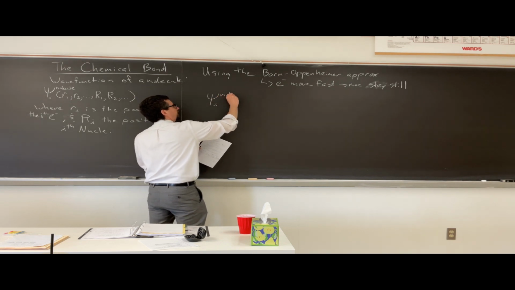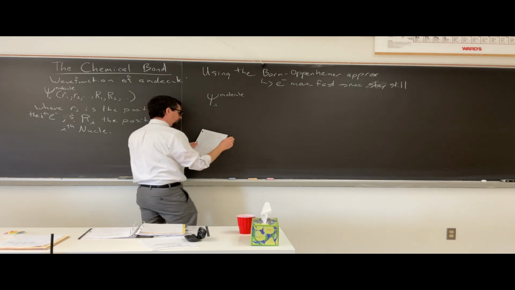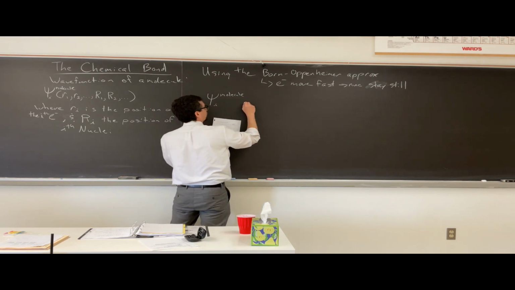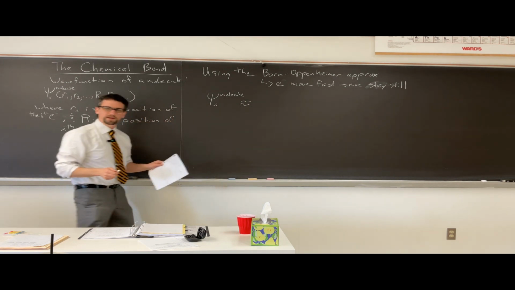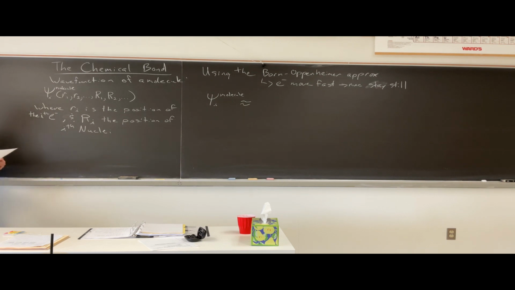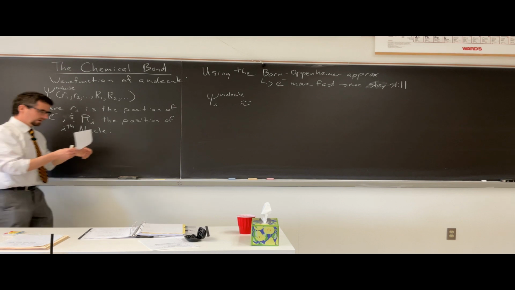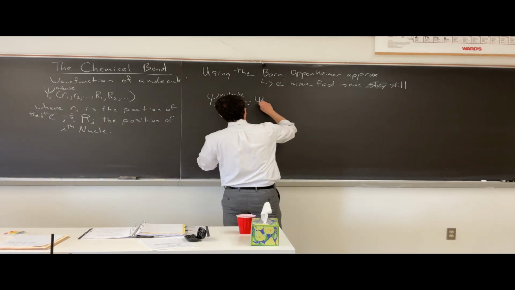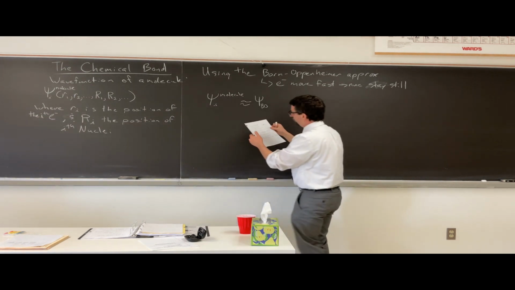So when we look at the wave function of a molecule, we could approximate it as what? So what could we do to this, or how could we break it apart? Yep. So you have the wave function.